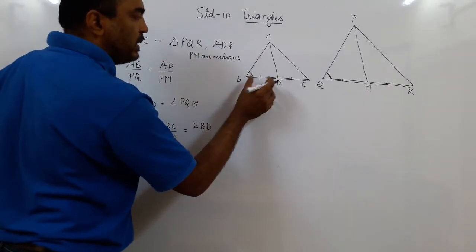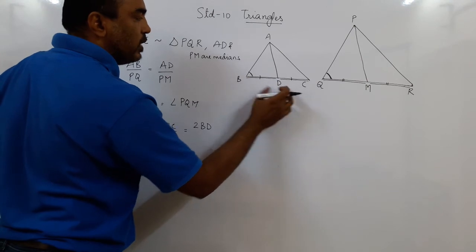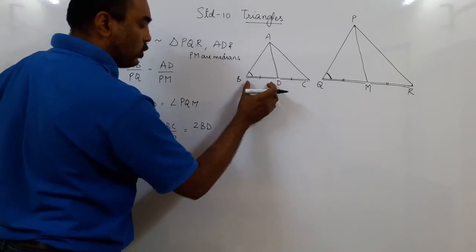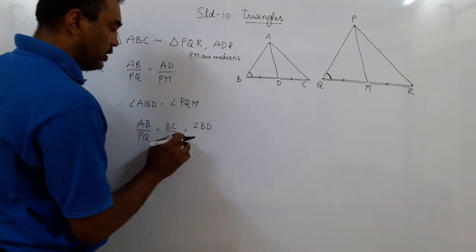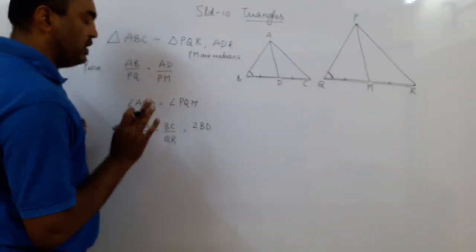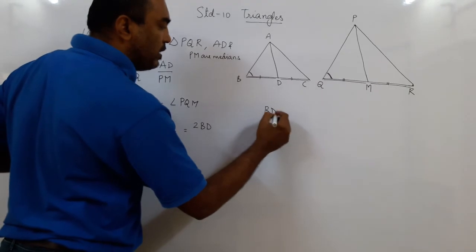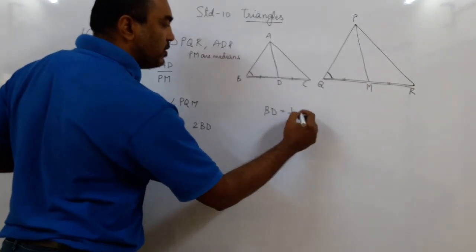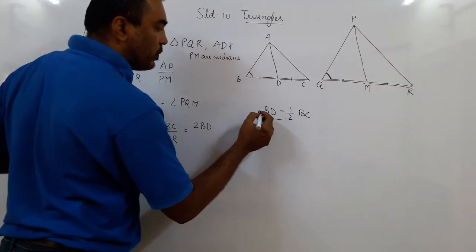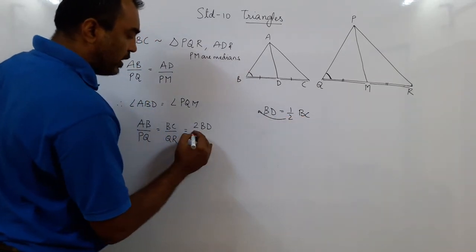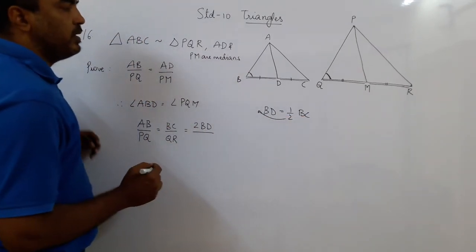Both parts are equal, so BD and CD are equal, so twice BD is our BC. Or you can say BD is half of BC. You can write either way. If you take the 2 up here, then BC is equal to twice BD.